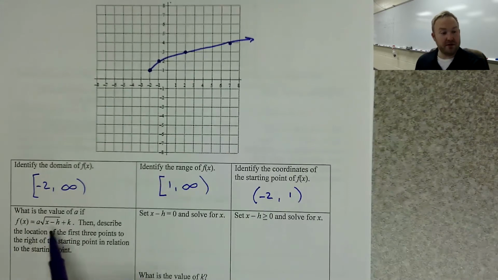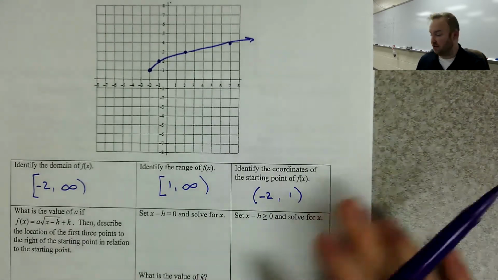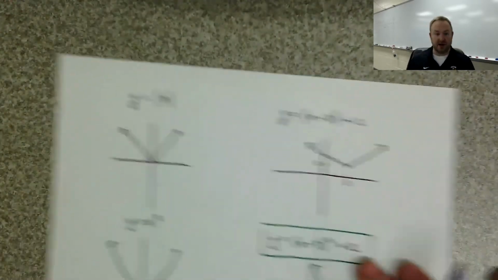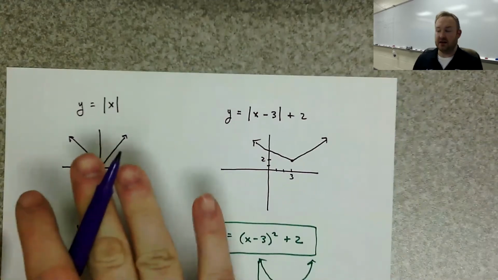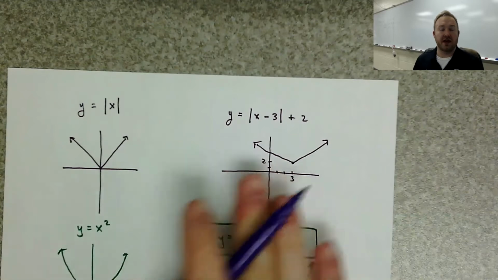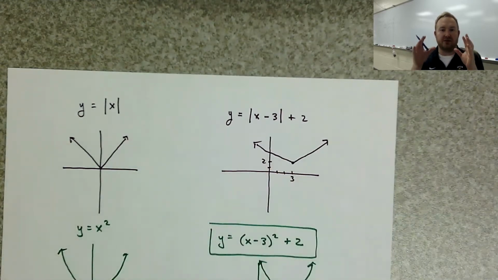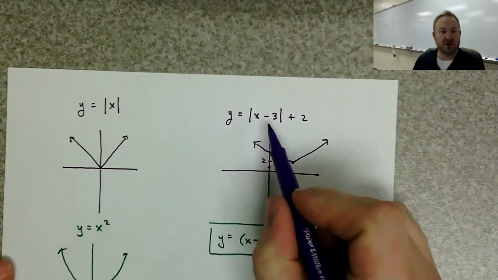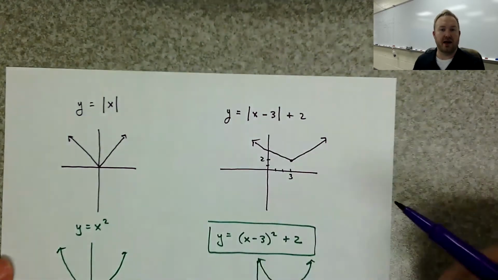Okay, now it's giving me a basic form of a function here. Let me talk a little bit more about that. So in section 3, we remembered what happened if we start with an absolute value function and how we can move that function left and right and up and down. This one, for instance, was moved right 3 and up 2.